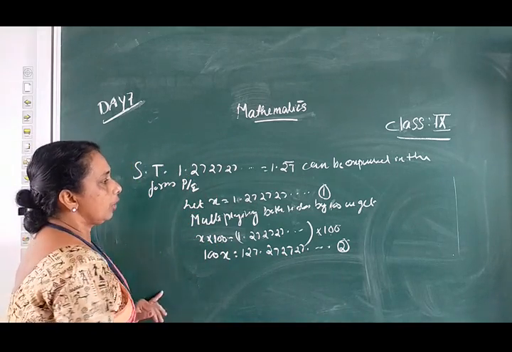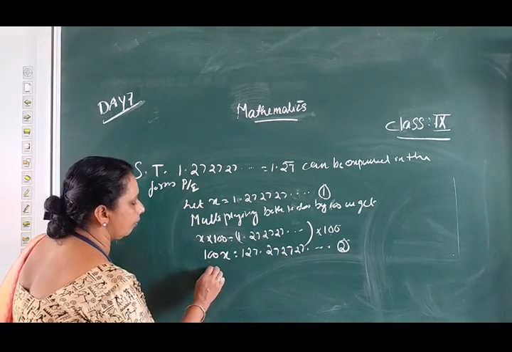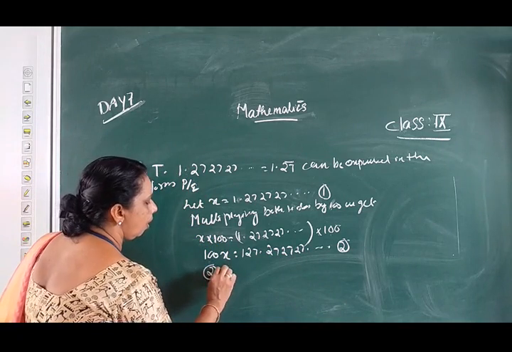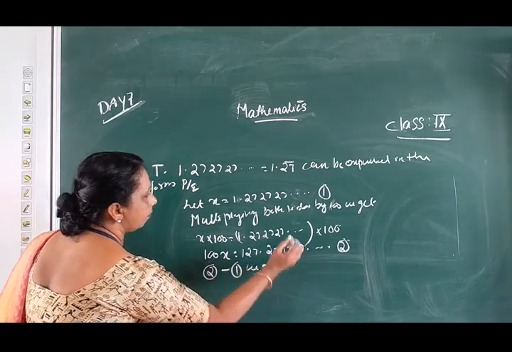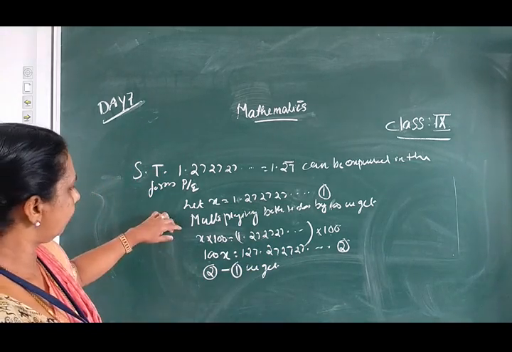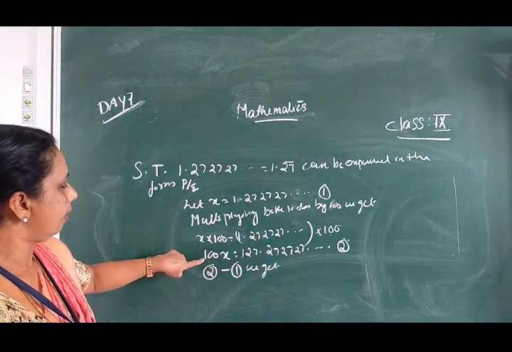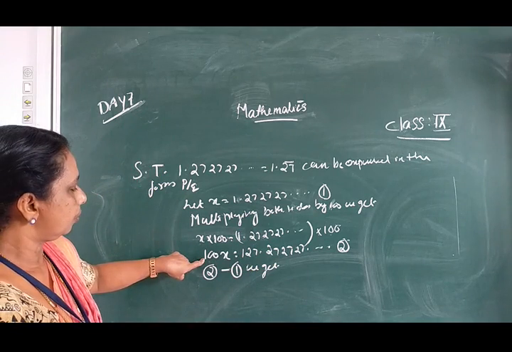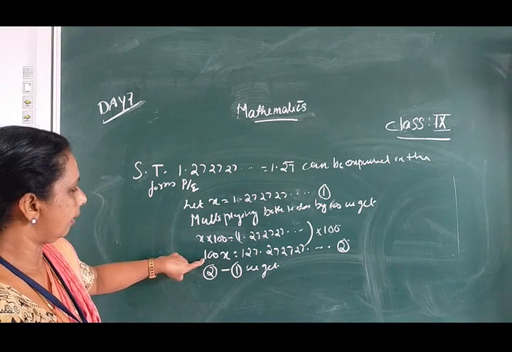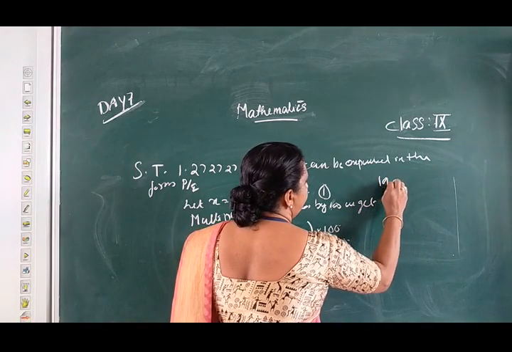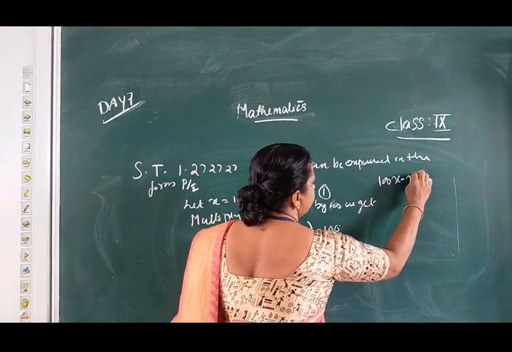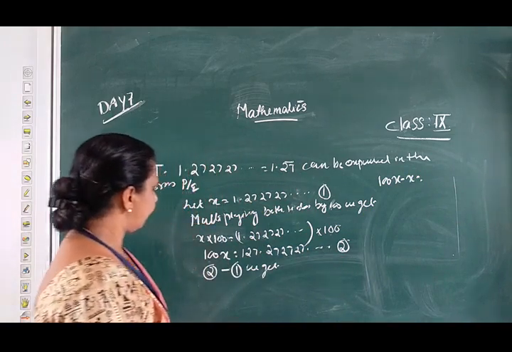Then next step you know. What is that? Equation 2 minus equation 1. Left hand side of equation 2 is 100x, and here x. So we can write 100x minus x on the left hand side.